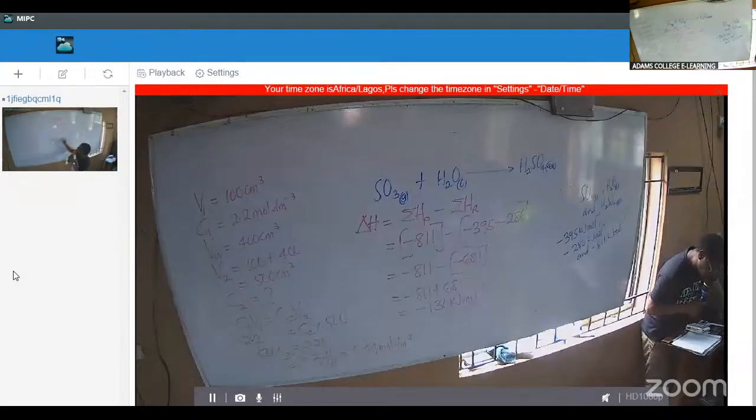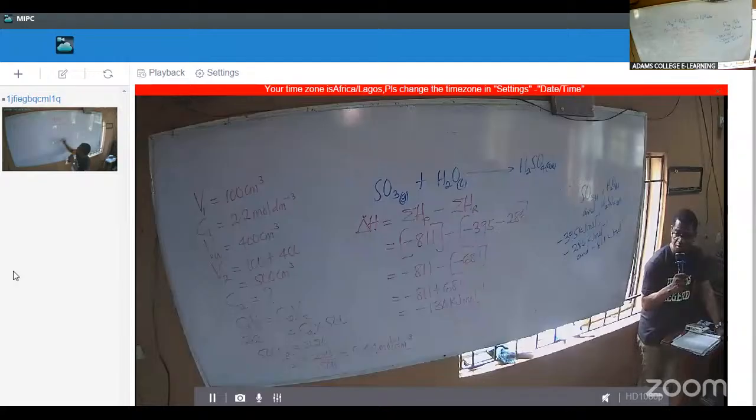Which of the following chlorides will exhibit the highest ionic character?